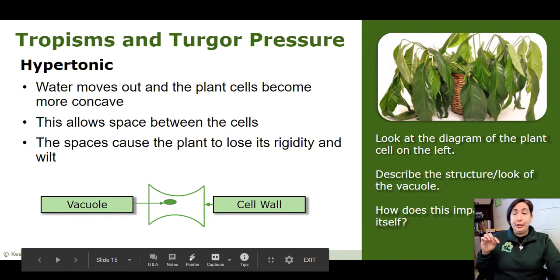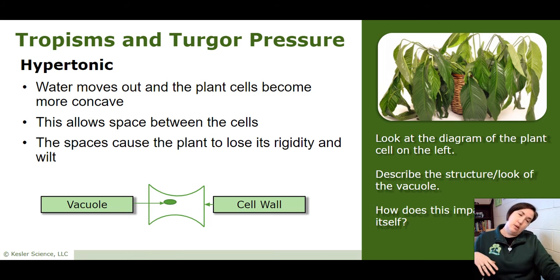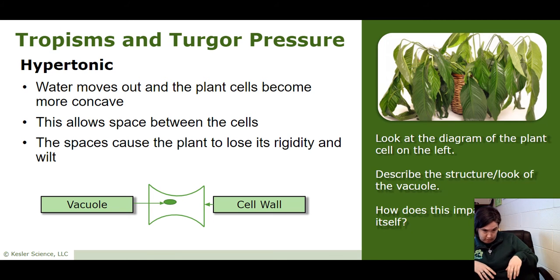So hypertonic. Water keeps moving out of the cell, and the plant cells become more concave. That means bent in. And there's lots of space between the cells, and this is what causes a plant to wilt. Wilty plants are because too much water has left the cells and the cells are smushy.